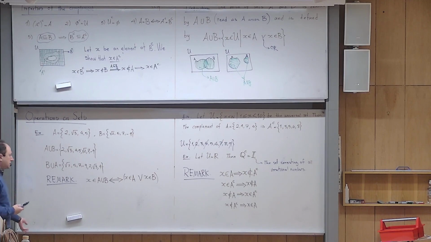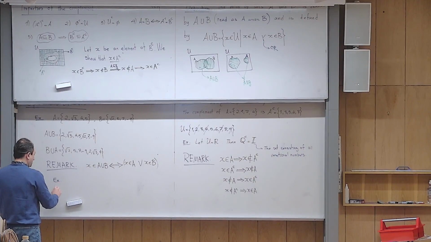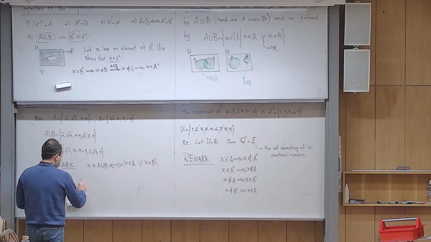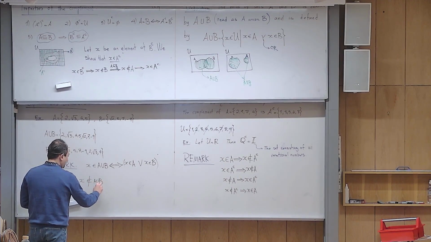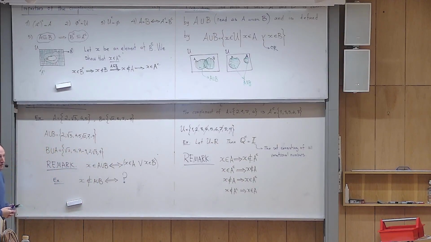Okay, let me do an exercise now. Can you write something about this? If I say X does not belong to A union B, what does this mean? Yes? That X belongs to the complement of A union B. Yeah, that's completely true, but that is not what I mean here.